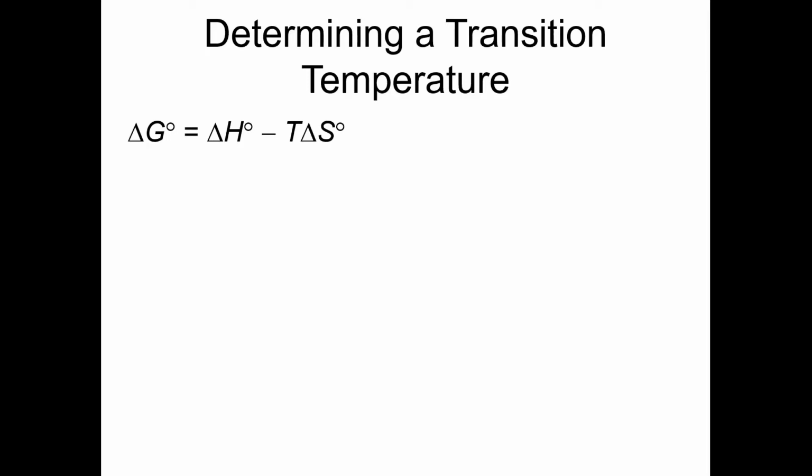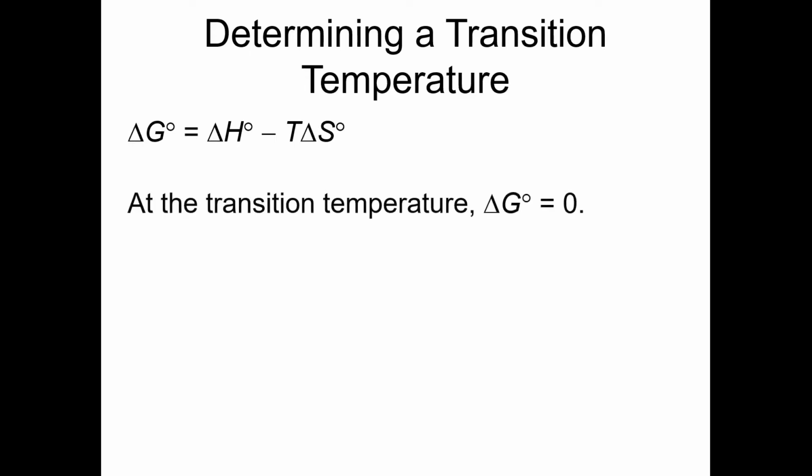We recall that delta G is equal to delta H minus T delta S. Well, what is the value going to be at that temperature at which it changes from being spontaneous to being non-spontaneous or vice versa? Well, that's the temperature at which it is going from negative to positive or positive to negative, and therefore at that temperature, delta G is going to be equal to 0.